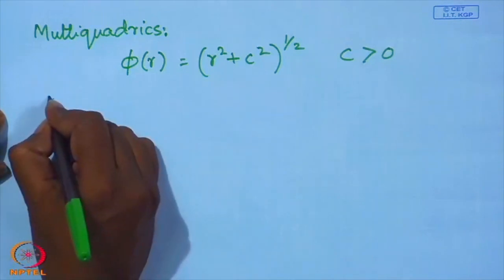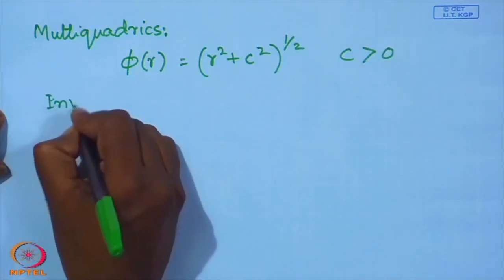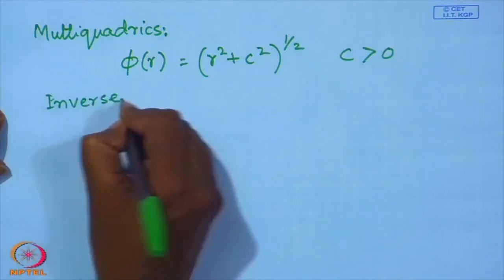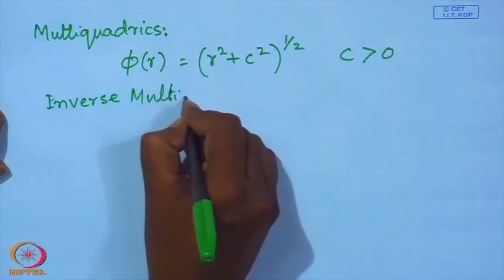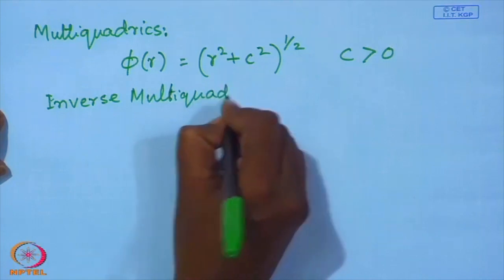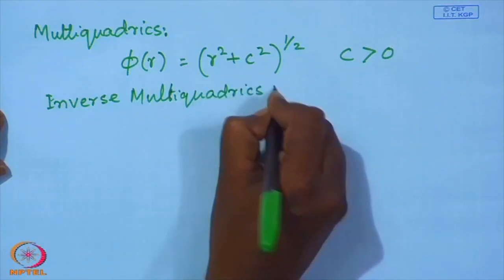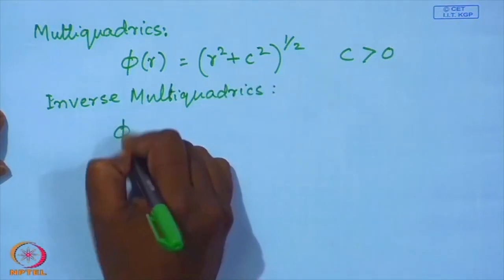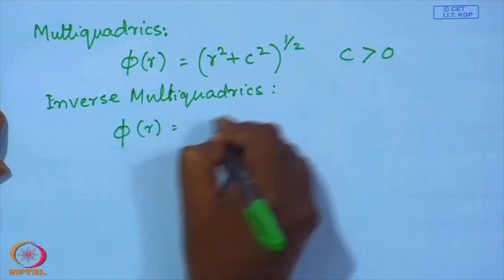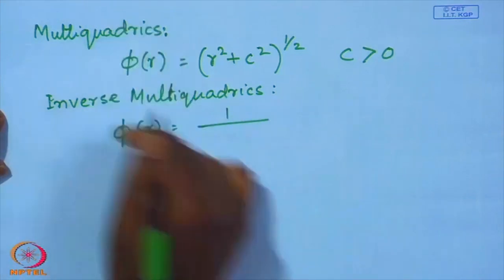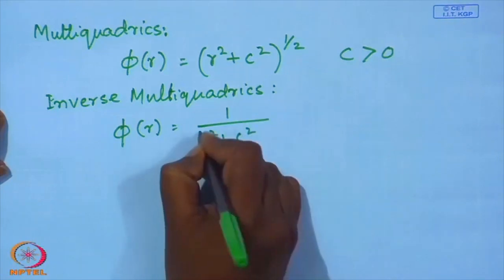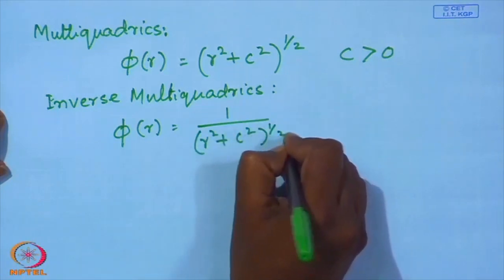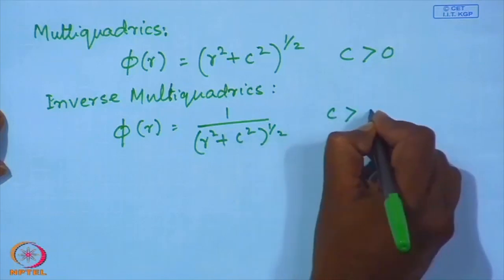Then I can have inverse multi-quadrics, where the function phi r is given as just the inverse of quadrics, that is, r square plus c square to the power half, inverted, for c greater than 0.